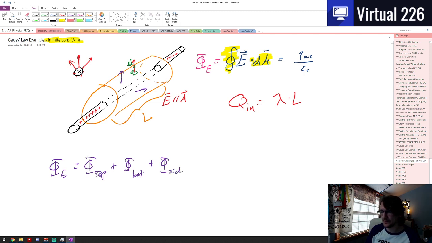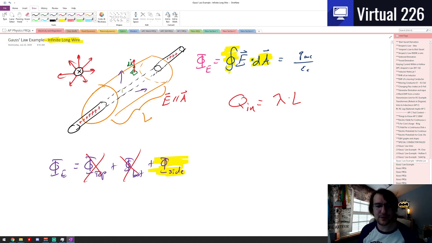As it turns out, because the field always goes radially out from this wire, nothing ever comes through the top or the bottom. They're going to be zeros, which is really awesome. The only thing I have to worry about is the side, this wrapping edge of the cylinder.